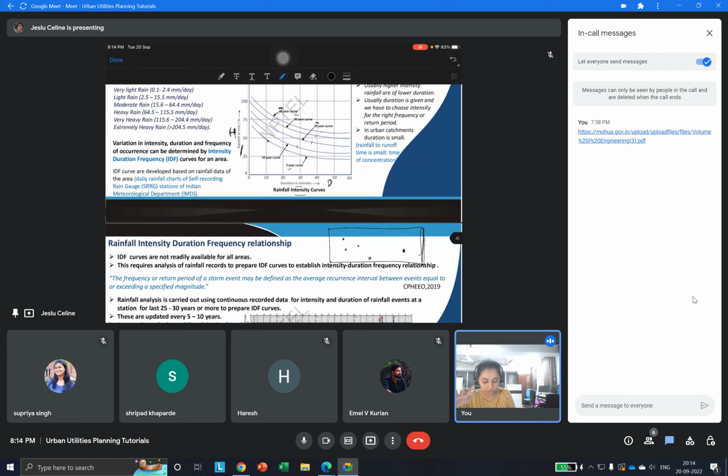Now the catchment area for each rain gauge is calculated by drawing perpendiculars. That is, from the nearest rain gauge, we draw perpendiculars and we bisect them. So this is the bisector for this. This is the bisector for this. So which means rain gauge 1 will cater to all of this. And between 2 and 3 I'm drawing a bisector. So 2 will cater to something like this.